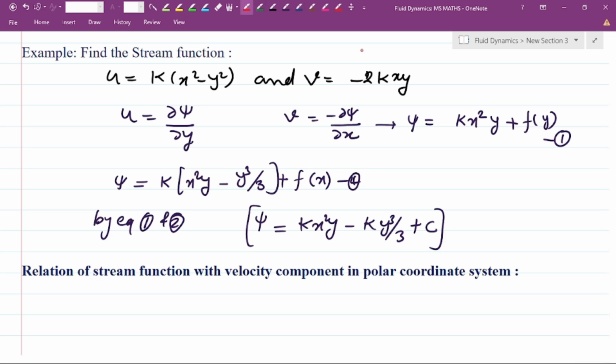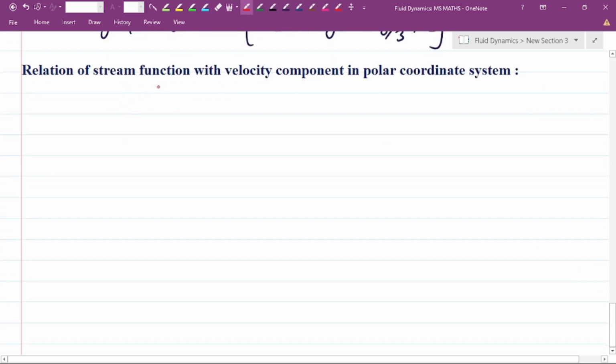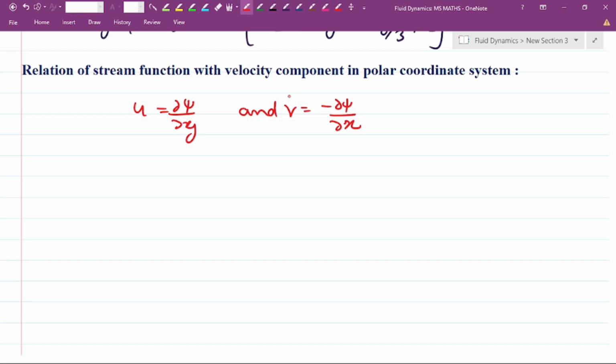Now, in this relation we have u equal to ∂ψ/∂y and v equal to −∂ψ/∂x. These are the Cartesian relations. If I want the polar relation, what is the polar coordinate system?